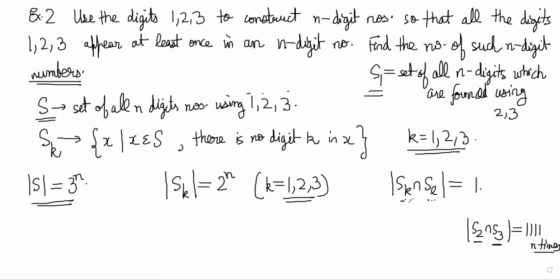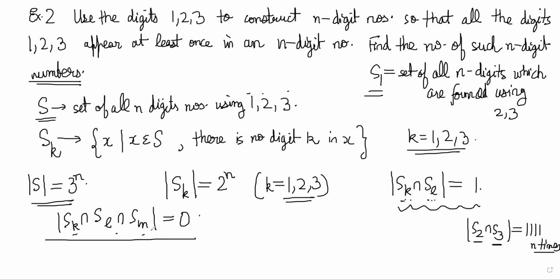So for all K and L being from 1 to 3, the intersection of SK and SL will give you one element, right? Great. And similarly, SK intersection SL intersection SM would be 0. If all three digits are not allowed, you can't make a number, right? So what we need in the question, think about it, is that you have to use at least once every digit, right? All of 1, 2, and 3.